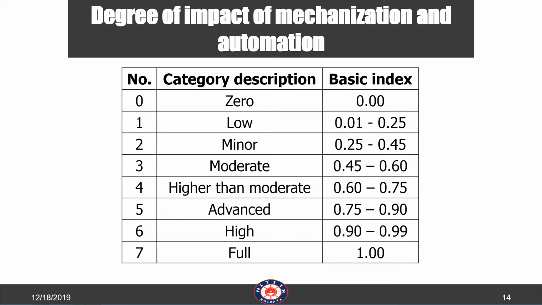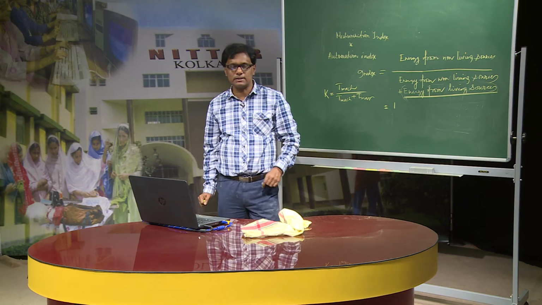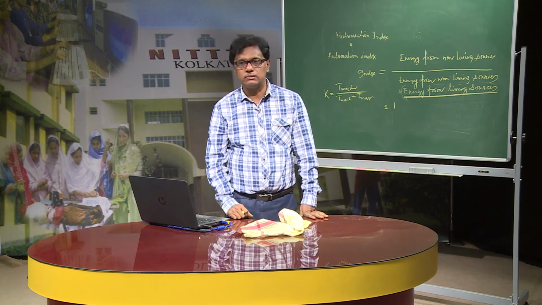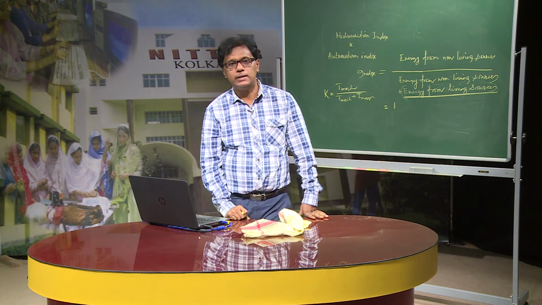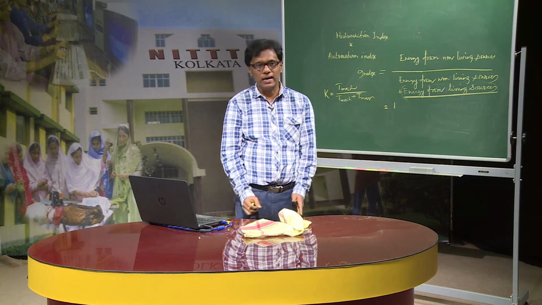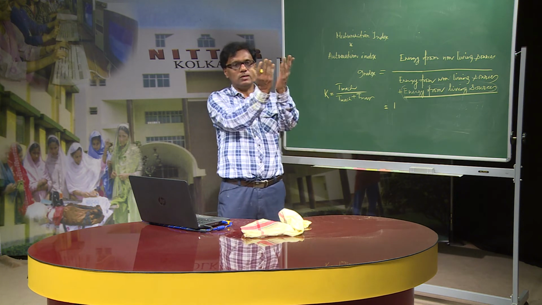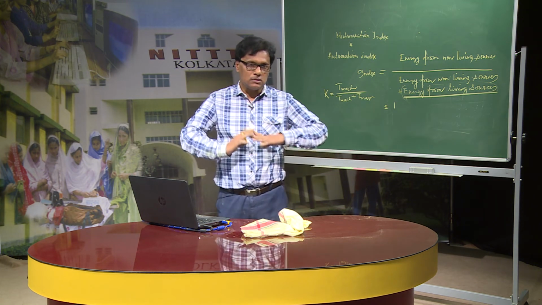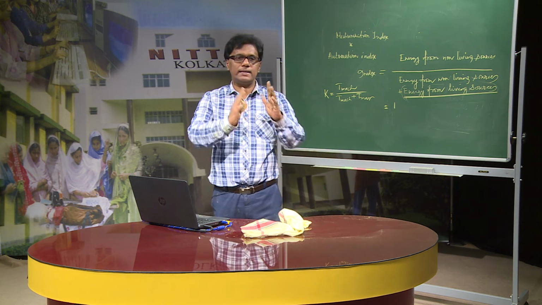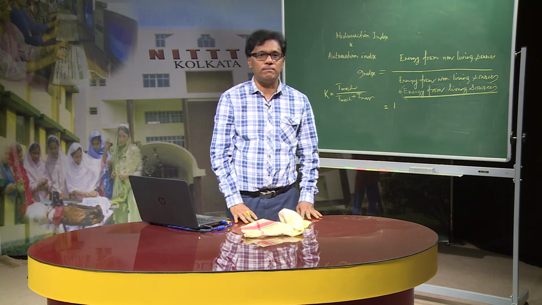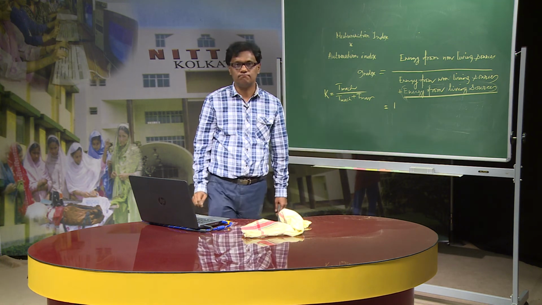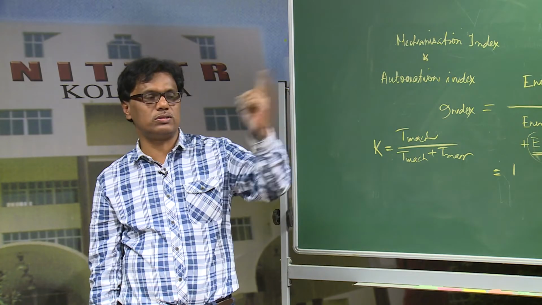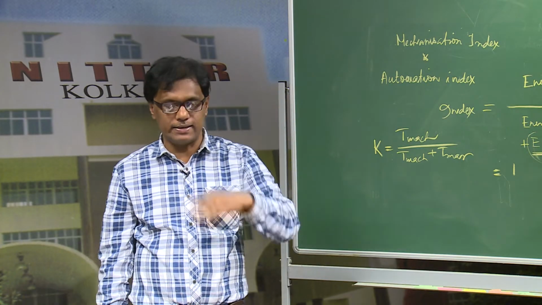If it is 0.05, say, that means out of 100 joule energy, only 5 joule is coming from non-living sources of energy, and operators have to perform 95 joule. Only 5 joule is coming from electrical or hydraulic energy.